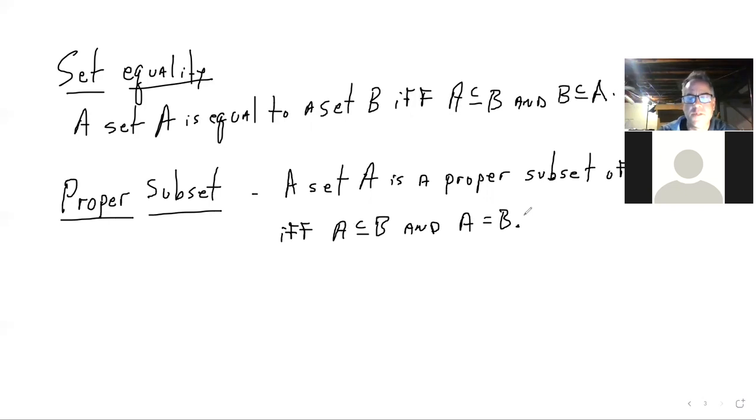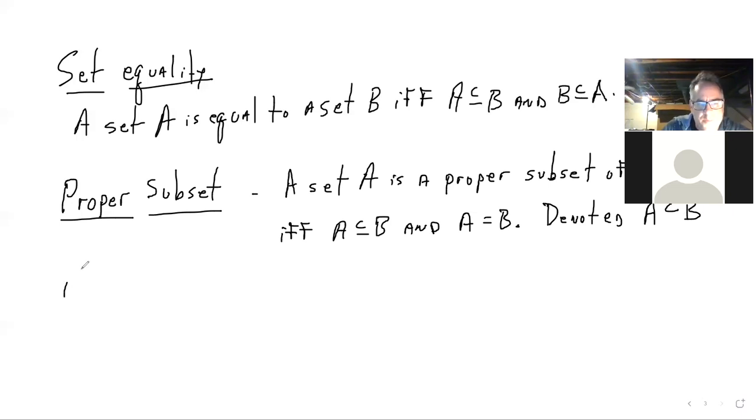Right? And it is denoted with that sideways U only. So the or-equal-to mark is gone. All right.